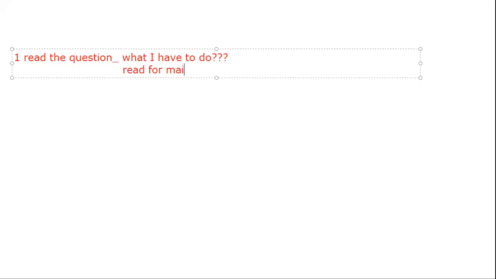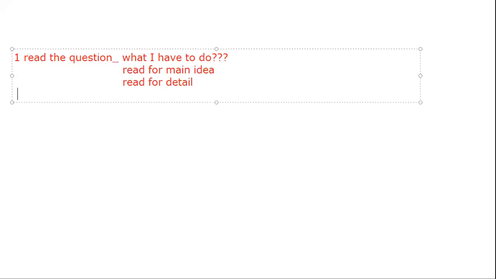So this can be three ways. You can be reading for main idea, you can be reading for detail, and for this you should be able to identify what kind of question you are dealing with. Okay? So read for detail, or it could be reading for purpose.